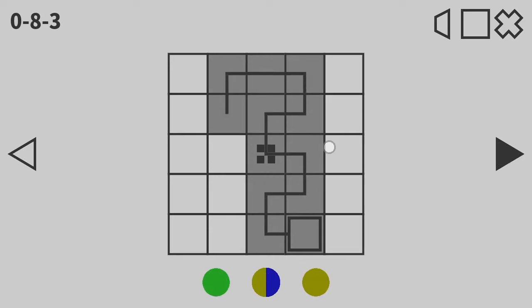That is a good shape because it's thick. This one has a thin bit. What if I flip this upside down?